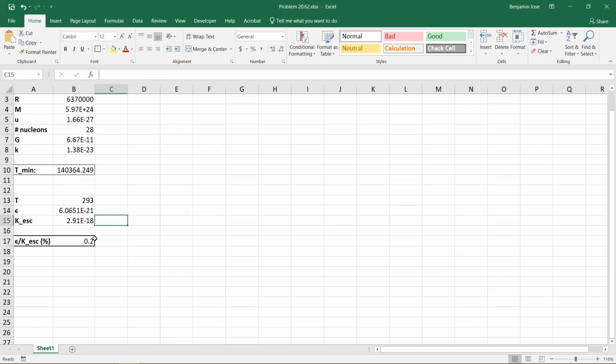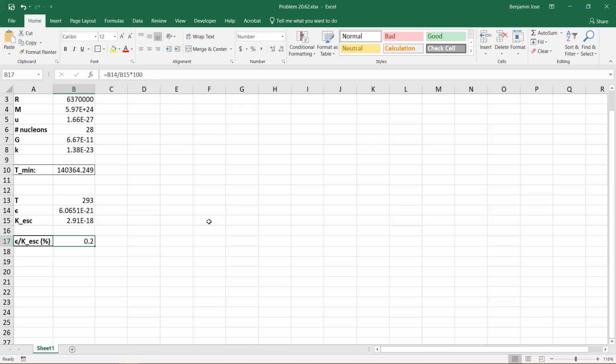All right, only 0.2% of the nitrogen particles in our atmosphere. No, I misspoke. Let me put it this way. The typical nitrogen gas particle in our atmosphere at the actual temperature of our atmosphere has only 0.2% of the kinetic energy required to escape Earth's gravitational pull if that particle was at the top of the atmosphere.